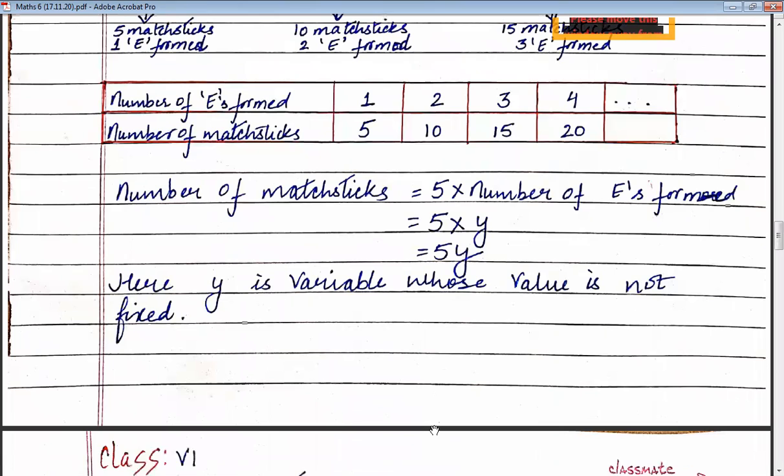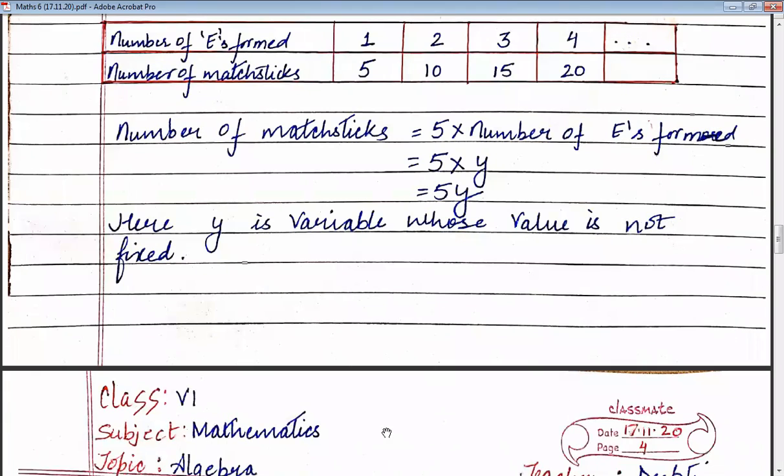So children, I guess you are clear with the concept of variables. What are variables? Variables are the values which are not fixed and they keep on changing their value according to the question.